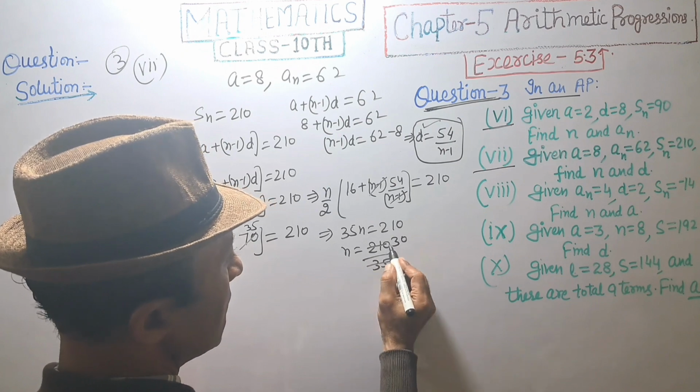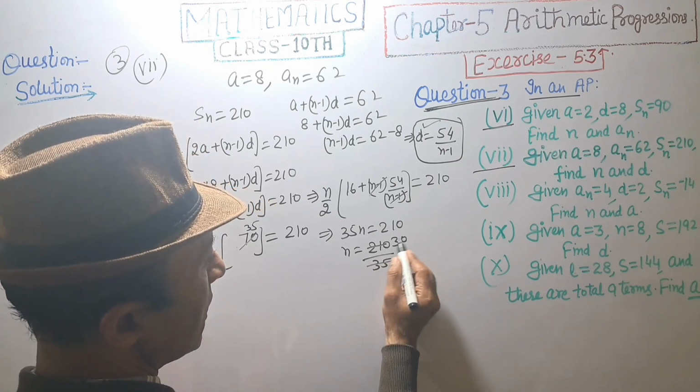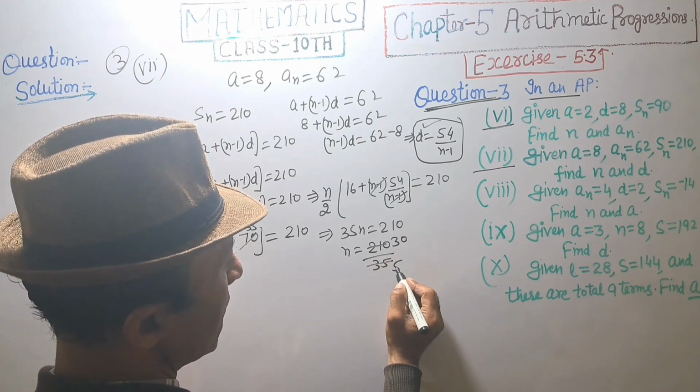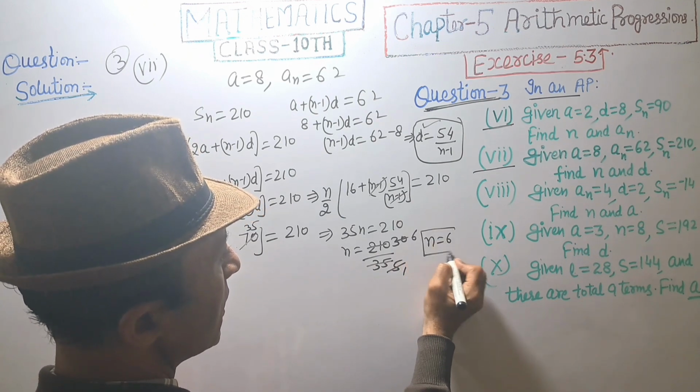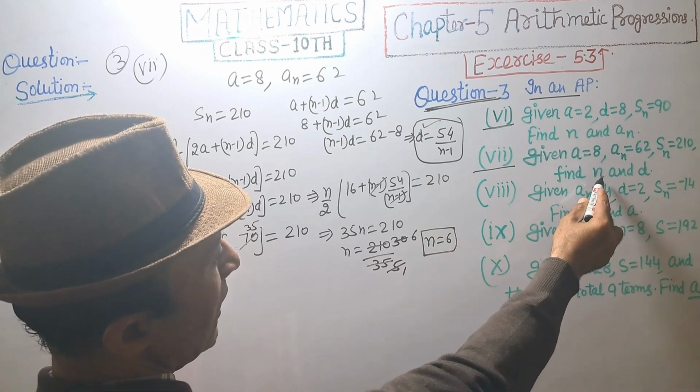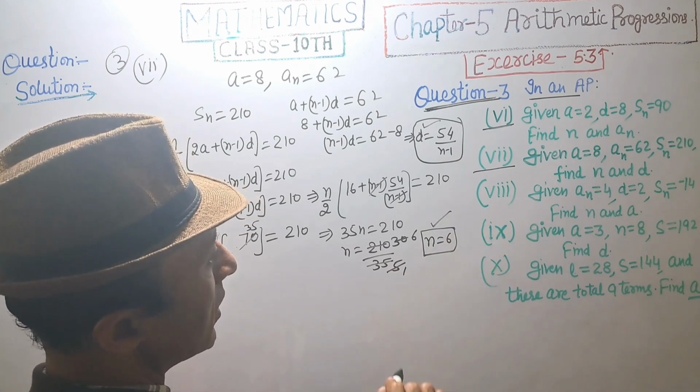7 3s are 21 and 1 0, 7 5s are 35, 5 6s are 30, n is equal to 6. We get the value of n is equal to 6.